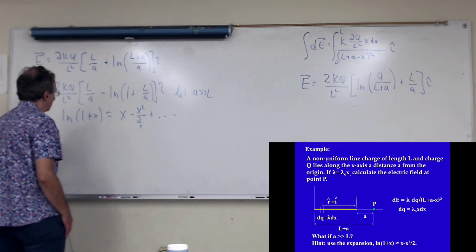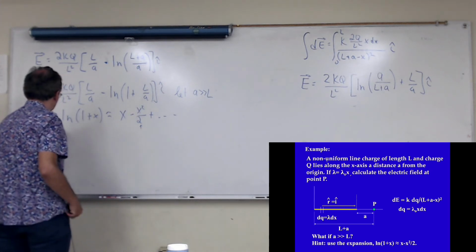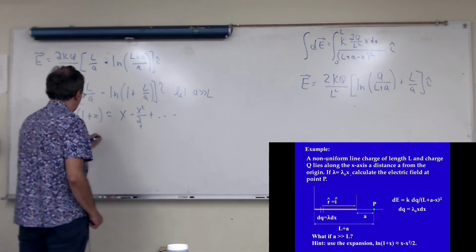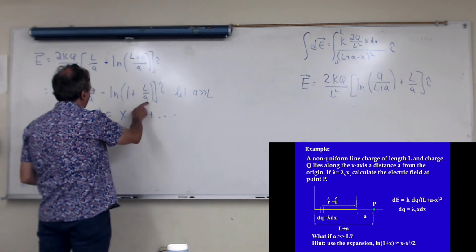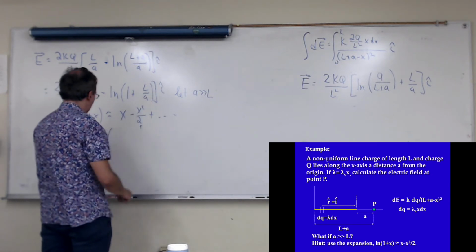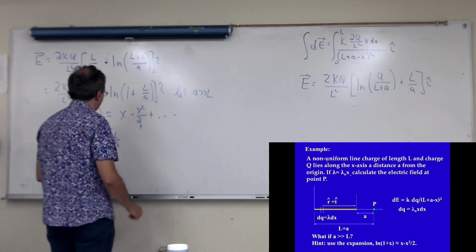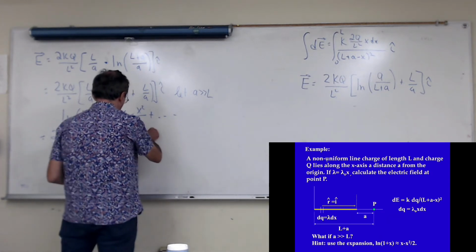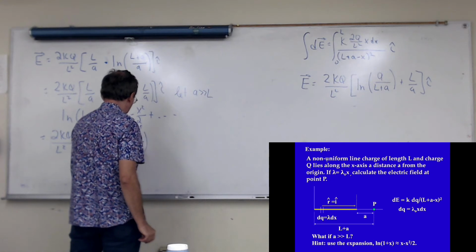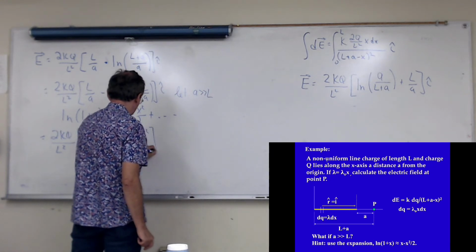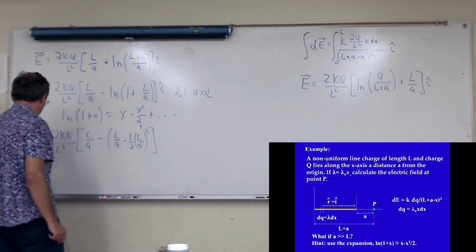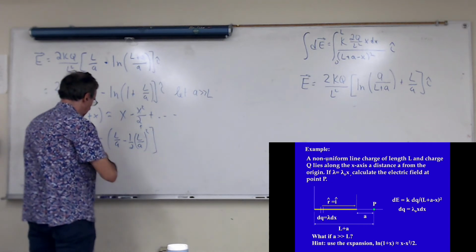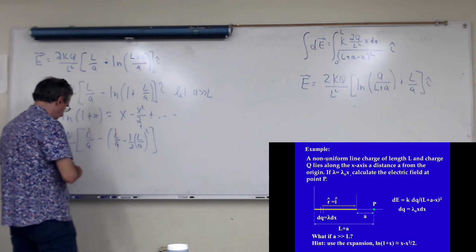So I'm going to get 2, and x here is going to be L over A. So if I want to expand this, it's going to be x, L over A, minus 1/2 L over A squared. So this is approximately equal to. What does this give me? Well, the L over A's cancel. Forgot the i hat.